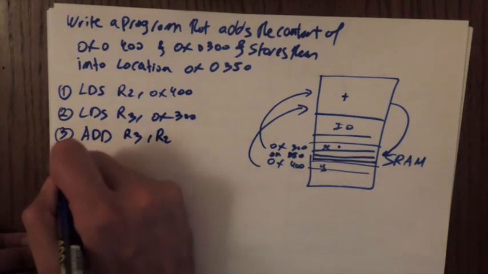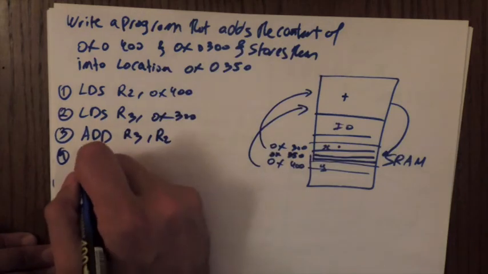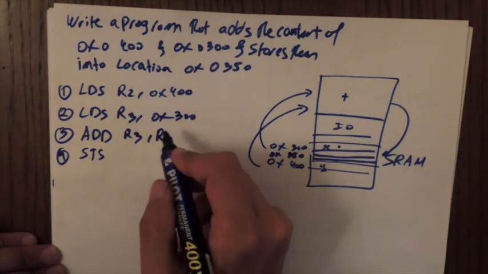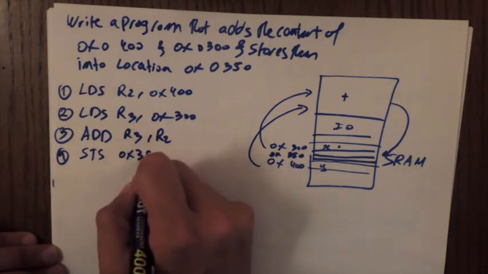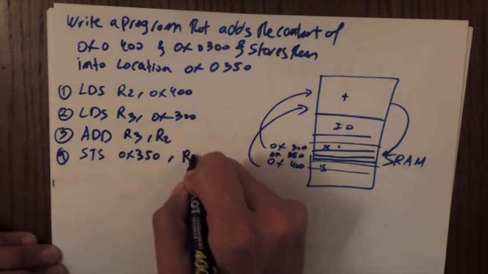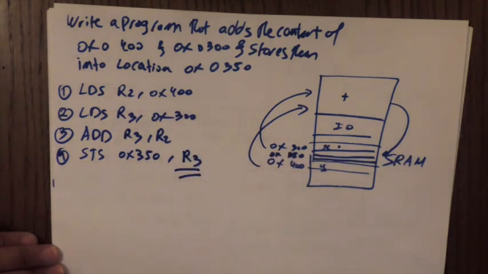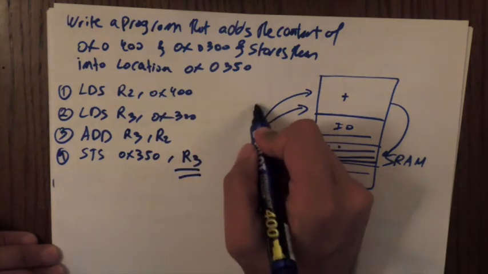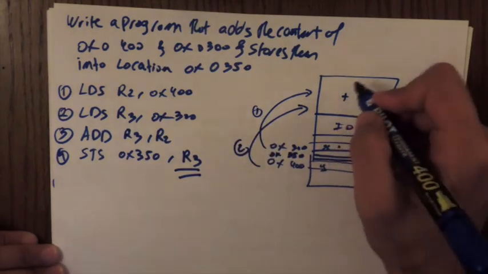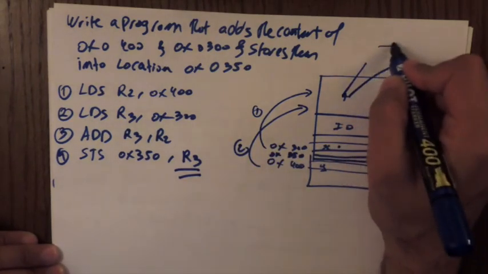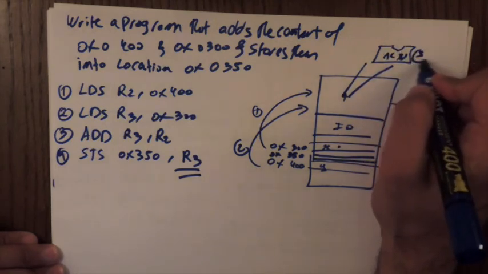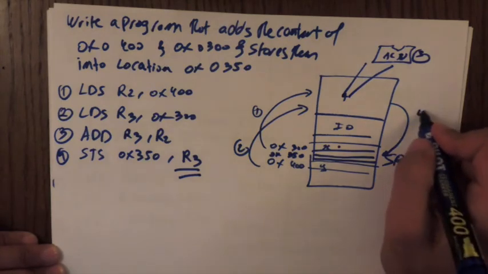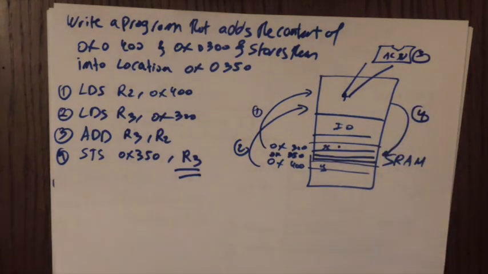And the fourth step is actually saving the value into the location 350: STS 0x350, R3, which has the value. So first I read the values, this is 1, this is 2. I do the addition, which is done in the ALU. This is step 3. And then step 4 is actually bringing back the value into the SRAM.